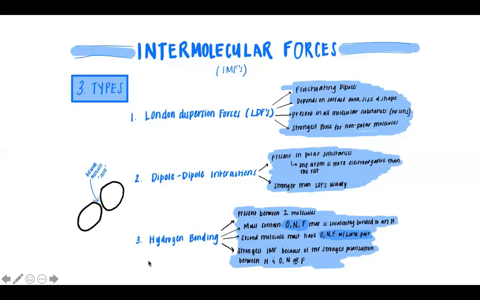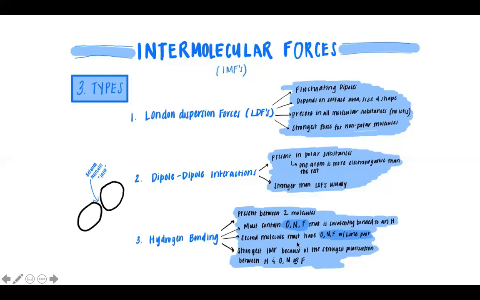The last type of IMF are hydrogen bonds. Now this name is deceiving because hydrogen bonds are not bonds, but just interactions between molecules. And there are quite a few requirements that these two molecules must have to be able to hydrogen bond. Briefly, a hydrogen bond is between two molecules. One molecule must have an oxygen or a nitrogen or a fluorine covalently bonded to a hydrogen.